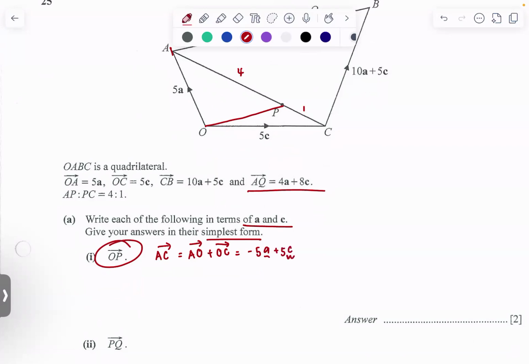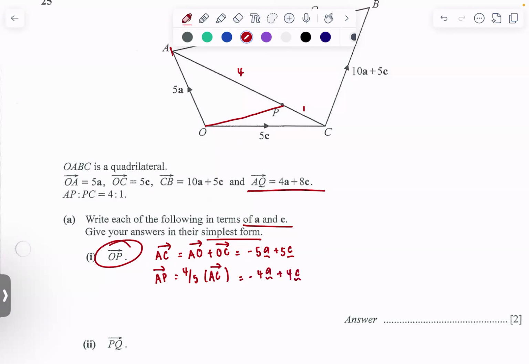Okay, in this case, I'm just going to use the one with unit 4, which is AP. You know, AP is actually 4 out of 5 AC, right? And it's actually just minus 4A plus 4C.